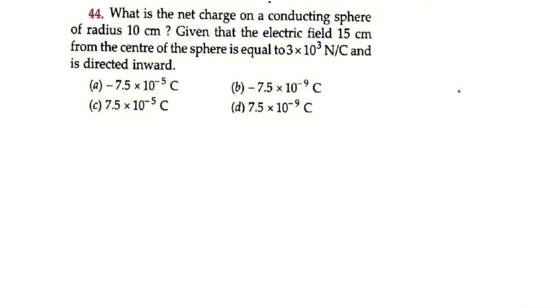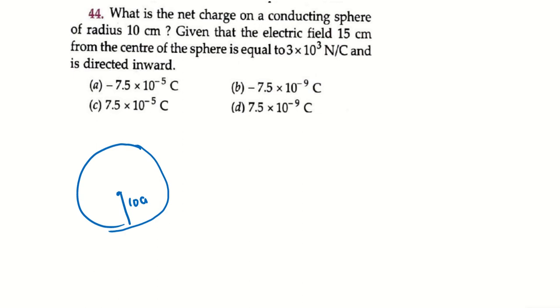What is the net charge on a conducting sphere of radius 10 centimeter? Given that the electric field 15 centimeter from the center of the sphere is 3 into 10 power 3 Newton per Coulomb, and it is directed inwards. First let's draw this sphere.